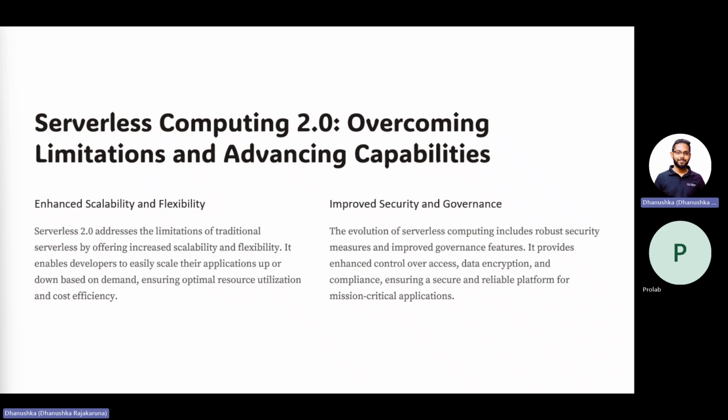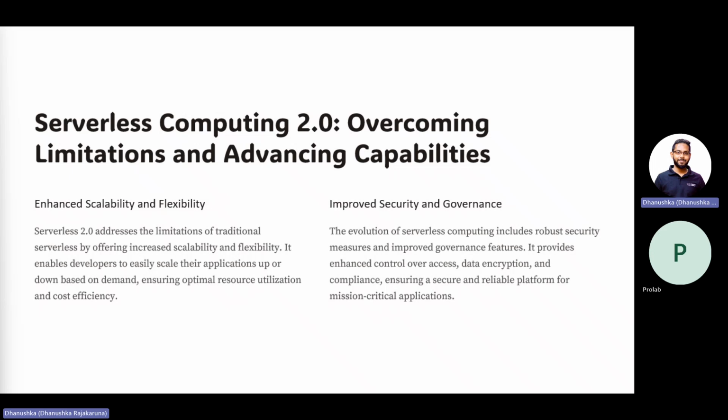Example: AWS Lambda at Edge, Cloudflare Workers. Event-driven tasks: more robust support for event-driven workflows across distributed systems, AI and machine learning integrations.